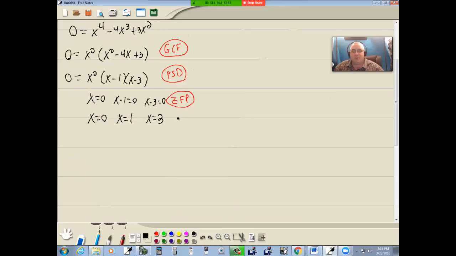Now let's talk about our multiplicity. Our multiplicity is whatever power is on these. This one has a second power. These, if I were to put them, have the first power. So x equals 0 has a multiplicity of 2. X equals 1 has a multiplicity of 1. And x equals 3 has a multiplicity of 1. Now where we use that is that it tells us whether it touches or crosses.